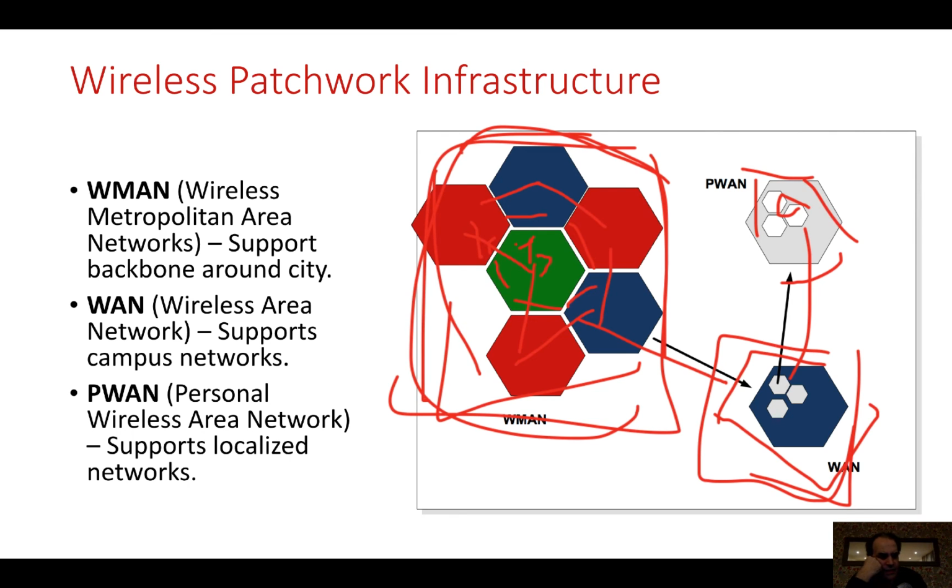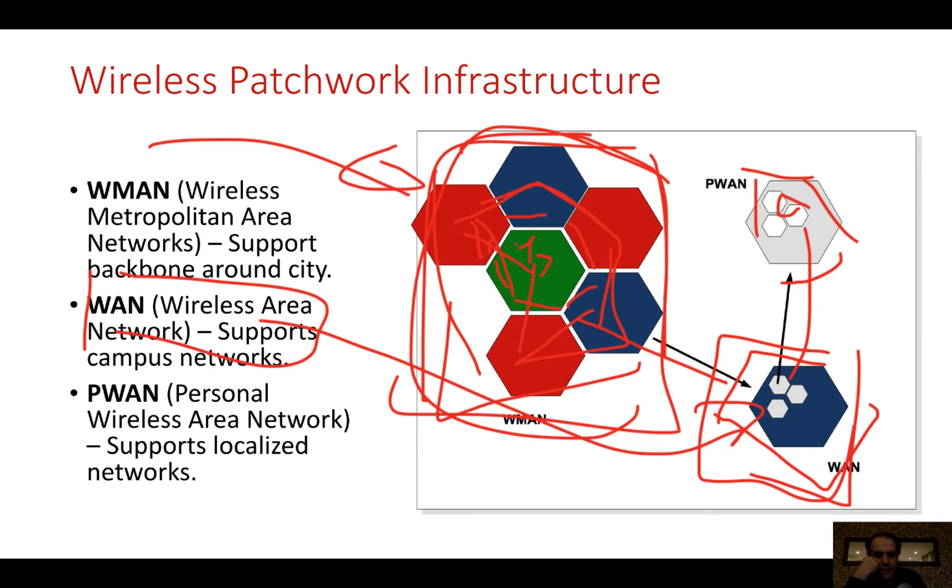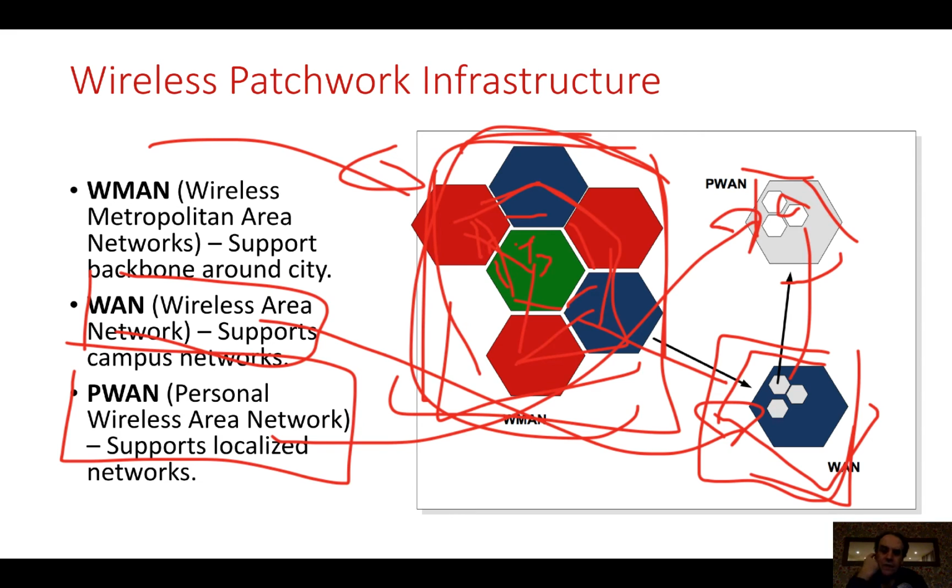This is the metropolitan area network, which allows us to move through cities and so on. The WANs provide us with the local networks, and then the personal wireless area network allows us to create very small regions of connectivity.